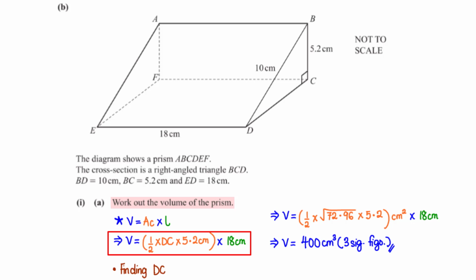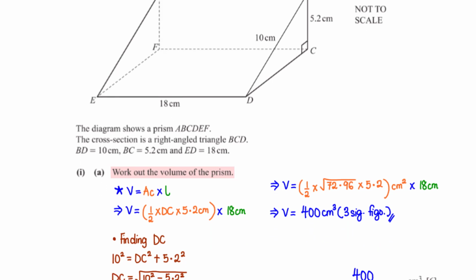In this case, the cross-sectional area of the prism is in the shape of a triangle. The area of the triangle is half of its base, which is the length of DC, times its height, which has been given as 5.2 centimeters. We can find the length of DC by applying the Pythagoras theorem to triangle BCD.